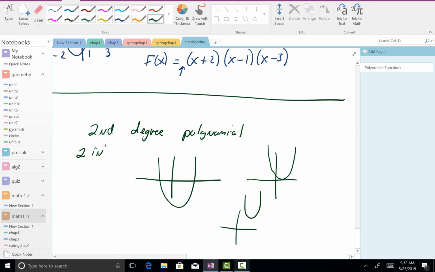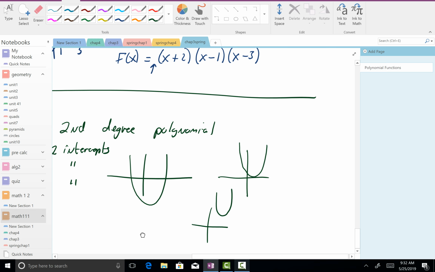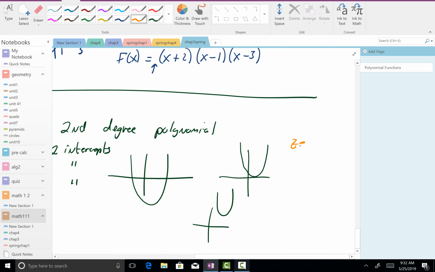Now, I'm going to change colors here for a second. Zeros. 2 zeros, 1 zero, 0 real, because 2 real numbers, 1 real number, no real numbers.